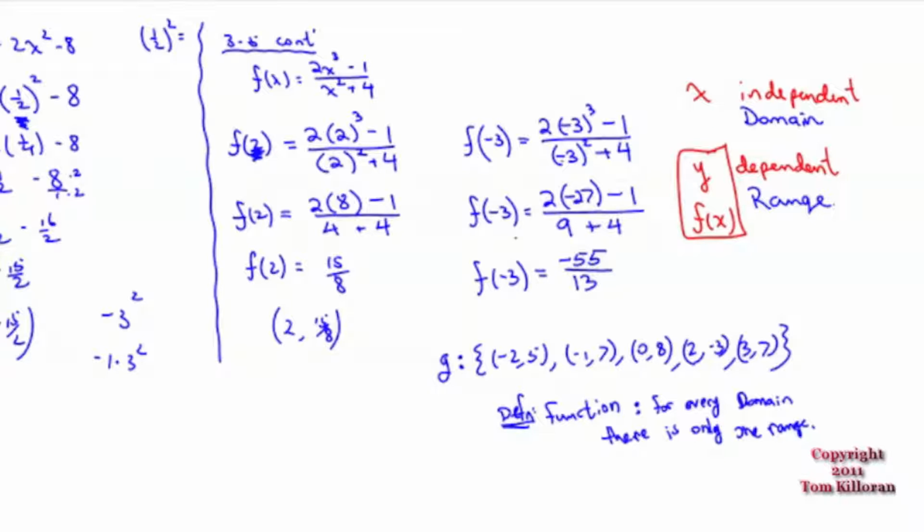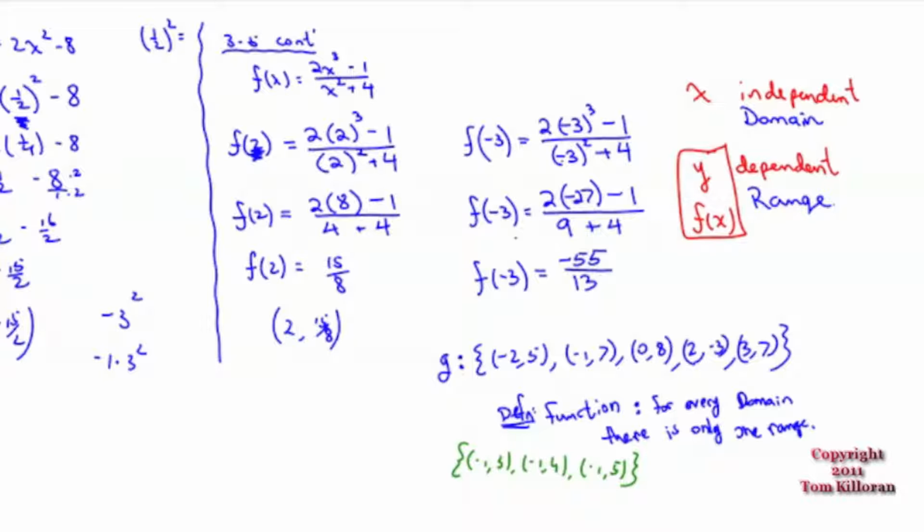So my last little question is this. Actually, two little questions. Is that a function? No. Why? All share the same domain. All of them are the same domain, but the ranges are different. Okay.